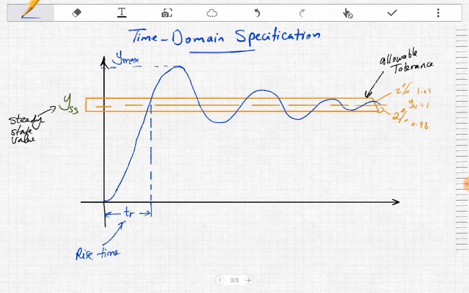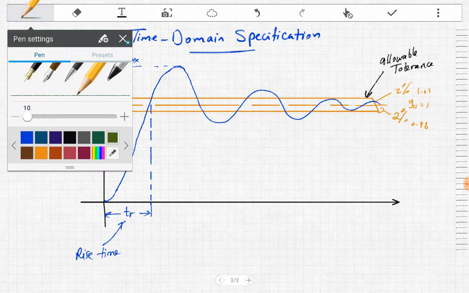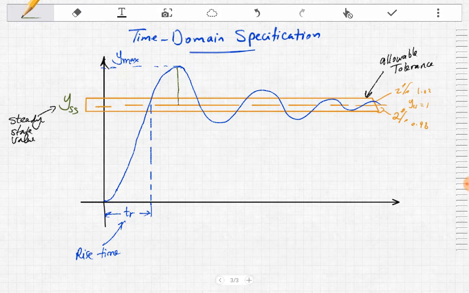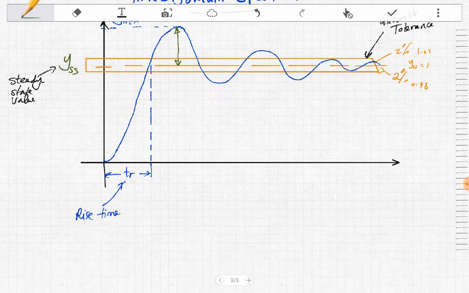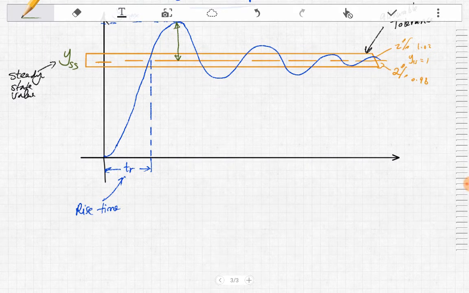We want to know the maximum output you get and how much it's different from the steady state. If you look at the difference between the maximum and the steady state, that's the maximum value that the output response exceeds the steady state. True? They define it as overshoot.